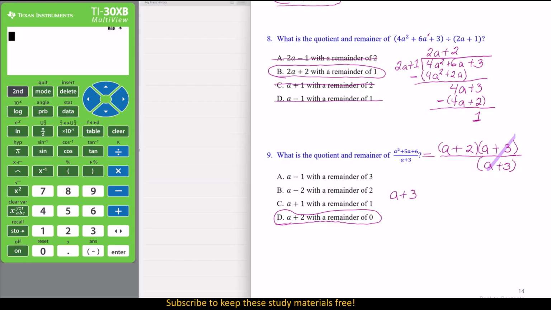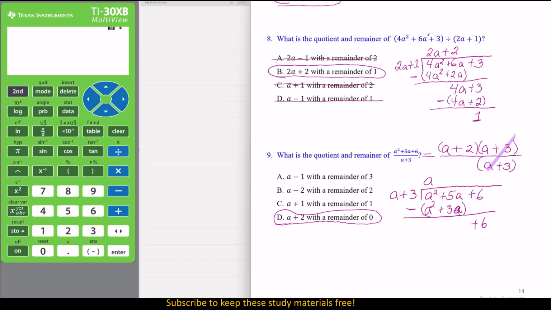A plus 3, set this up, and a squared plus 5a plus 6. Okay, well, to get a squared, I just use a. A times a is a squared. A times 3 is plus 3a. All right, let's go ahead and make my line. That is an a. Use my parentheses, bring down my 6. I need to subtract.